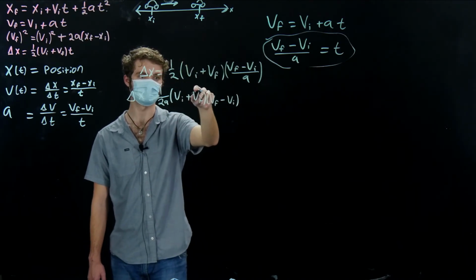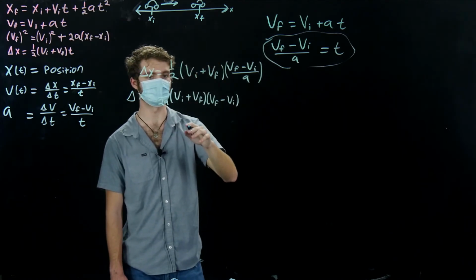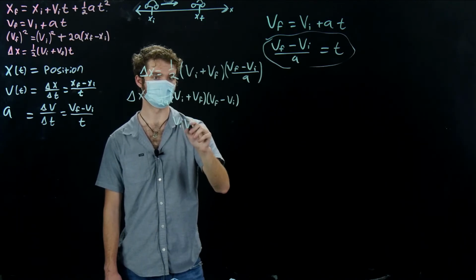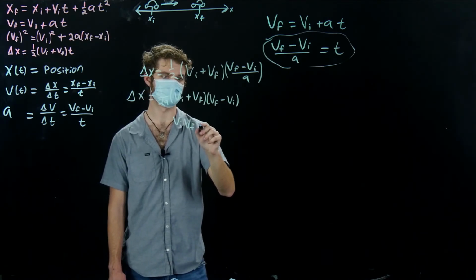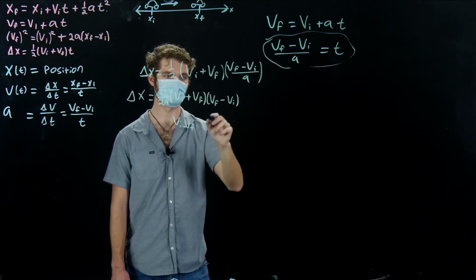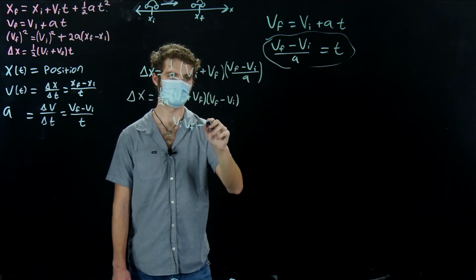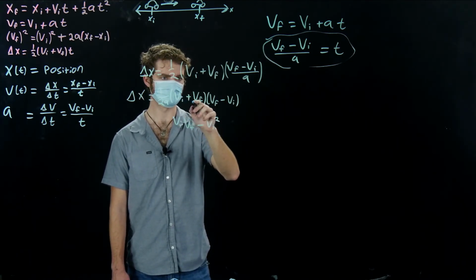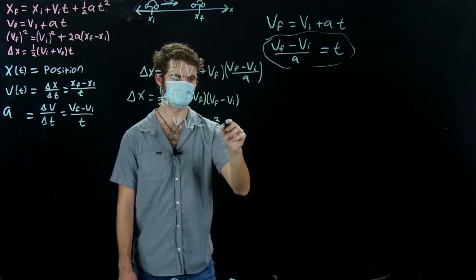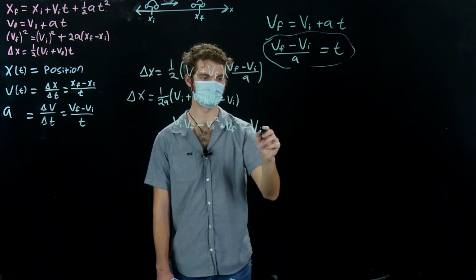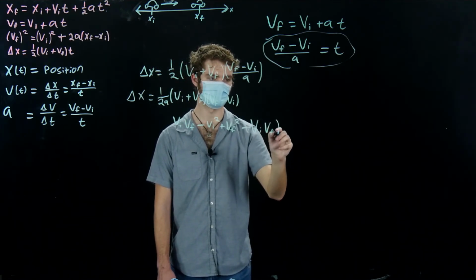That's the thing that you do when you multiply two things in parentheses. v initial, v final, minus v initial squared, plus v final squared, minus v initial, v final.